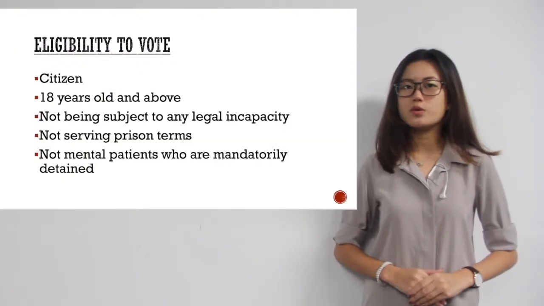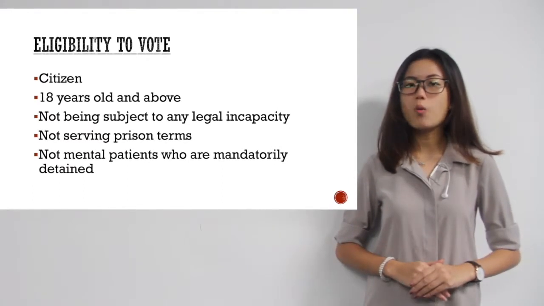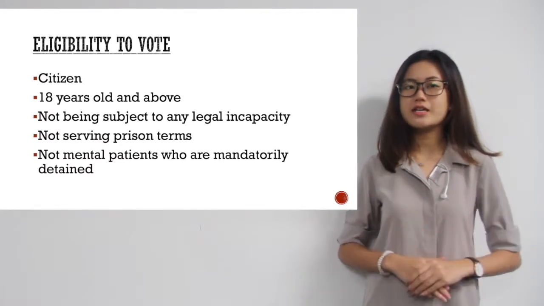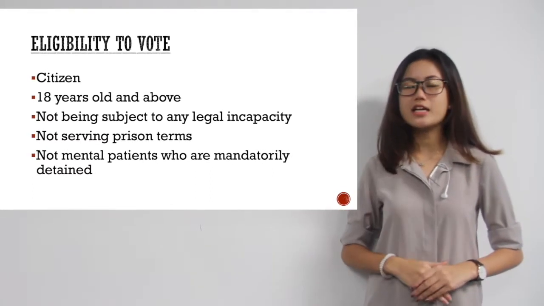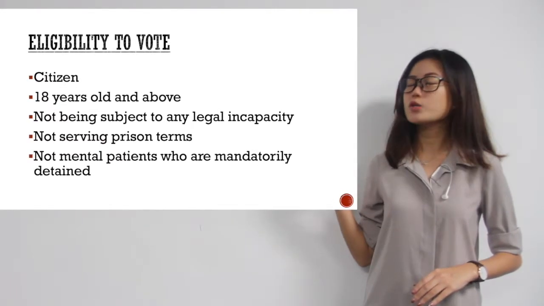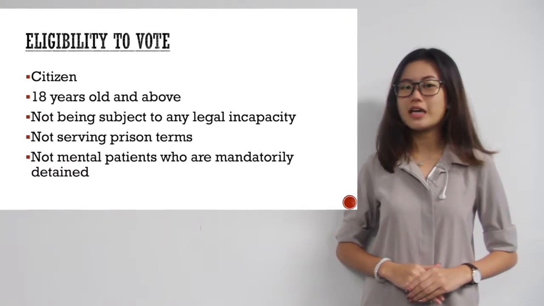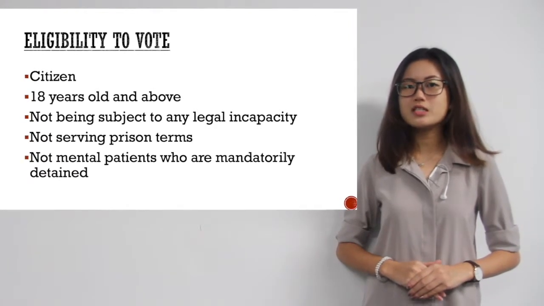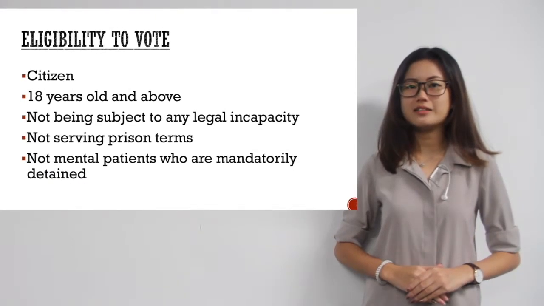A recent statute introduced greater flexibility, allowing registration once he or she is a resident in a constituency at any time, where the eligibility to vote depends on the citizenship, voting age which is above 18, not being subject to any legal incapacity, not serving prison terms, and not being mental patients who are mandatorily detained.